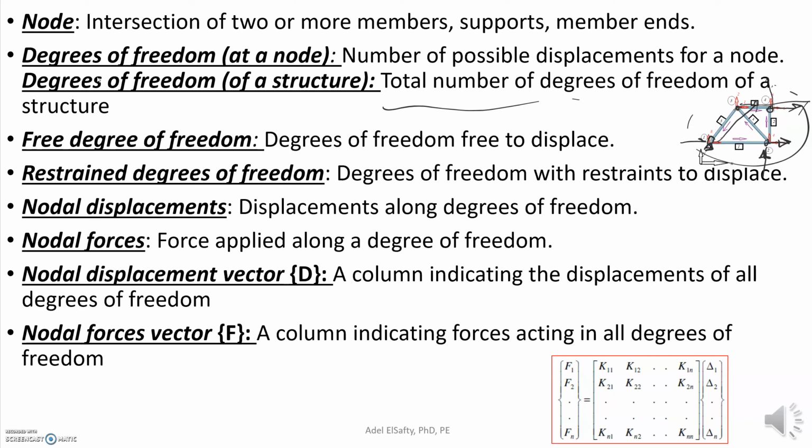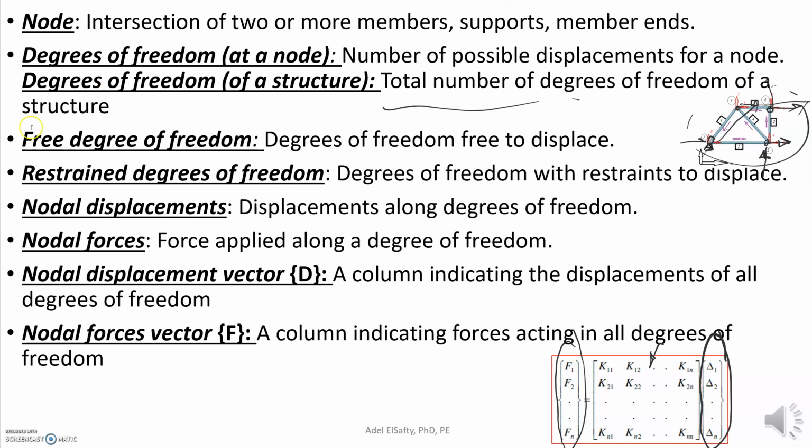The nodal displacements, basically we are trying to find out. The column that's indicating all the displacements is going to be on the right hand side, as you can see right here. That is the vector D. And the forces, the vector or the column that's indicating all the forces, is going to be on the left, and K is the relationship between the force and the displacement.